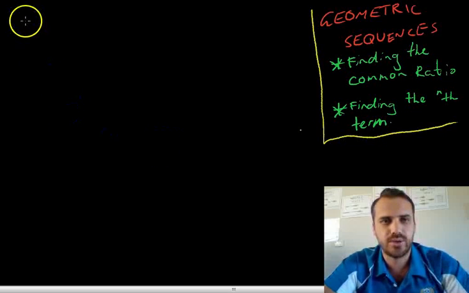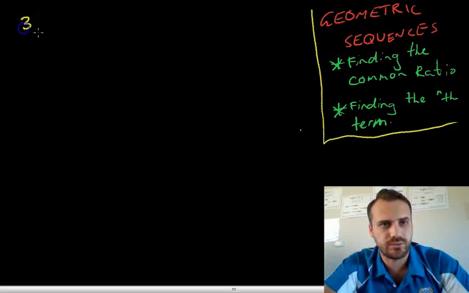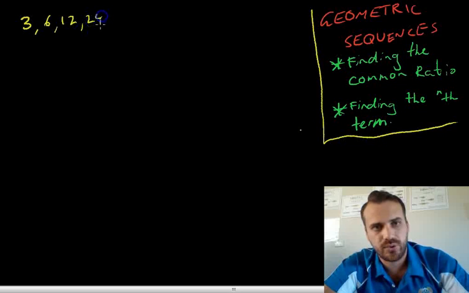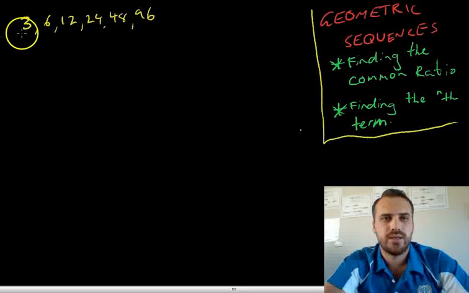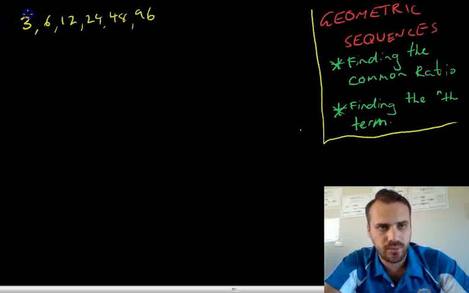Now, a geometric sequence is just a pattern of numbers where each number is multiplied by a specific ratio. So a really simple example of that would be 3, 6, 12, 24, 48, 96. Now in this case you can see that from each term, one to the next, we are multiplying by 2.